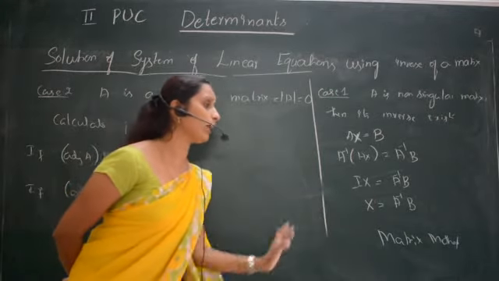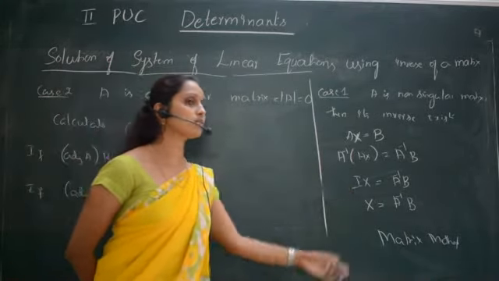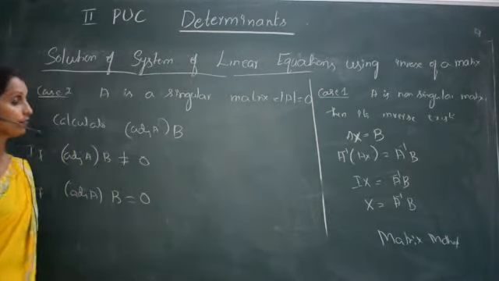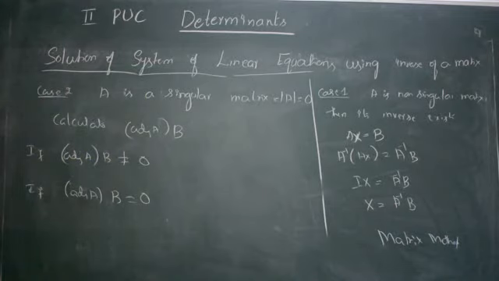By calculating A inverse, we can get the value of X, the unknown values. If it is a singular matrix, then we cannot find the value of X here, because we cannot use that method. We cannot calculate the value of X, but we can conclude whether a solution exists or not.